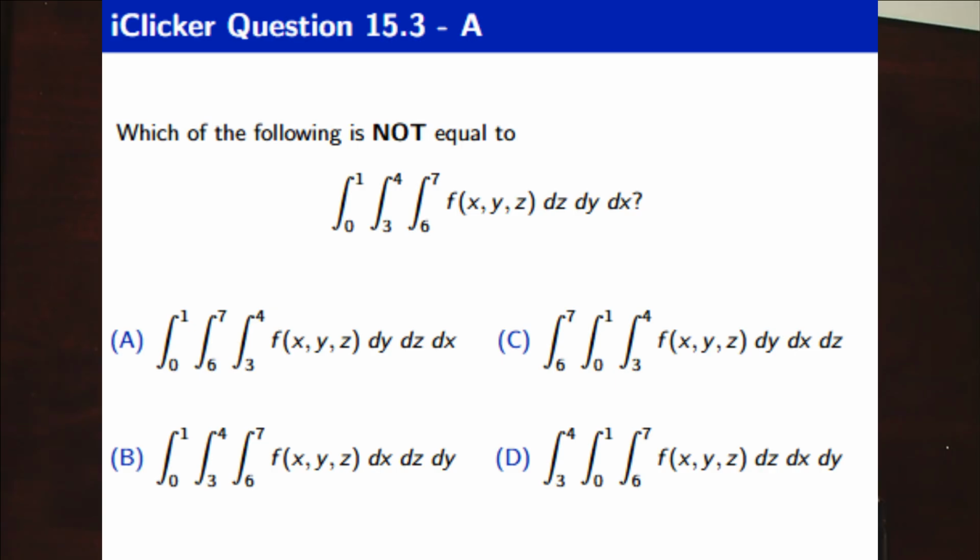What's the bound for y here? So yeah, this match. Why is it not? Y goes from 3 to 4, z goes from 6 to 7, x goes from 0 to 1. So that one's okay.